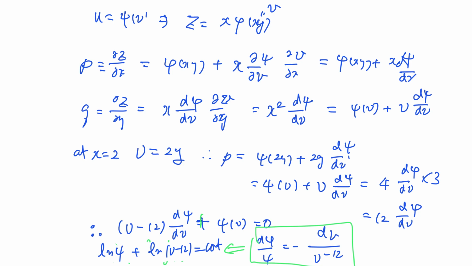You mean here? Yes, that's right. Okay, that's a very good question. Here, z is actually x times psi of xy, right? So if we differentiate by y, what happens?